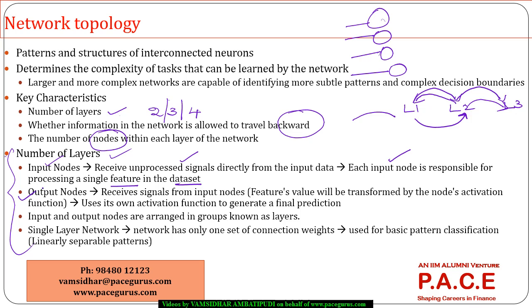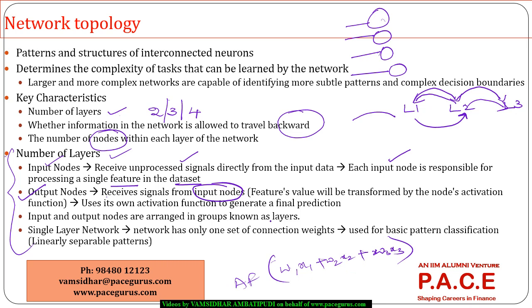Similarly, I have output nodes. Output nodes are the ones receiving the signals from the input nodes. We said that there is a weighted average, or weighted sum, of the different input node values, and that weighted sum goes into an activation function.